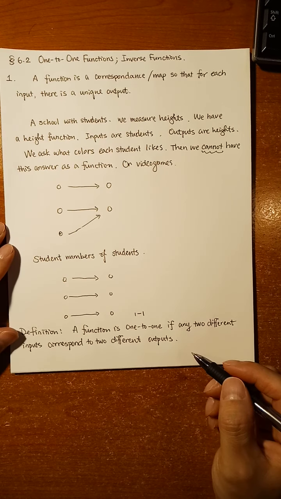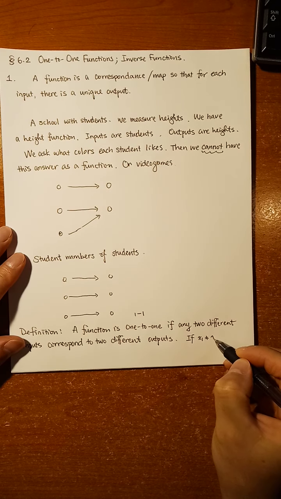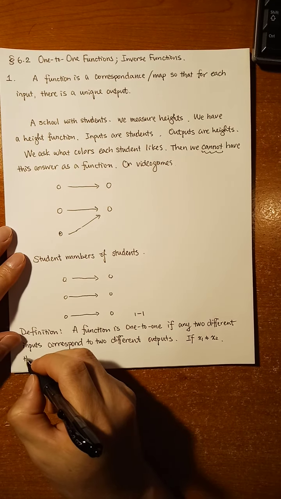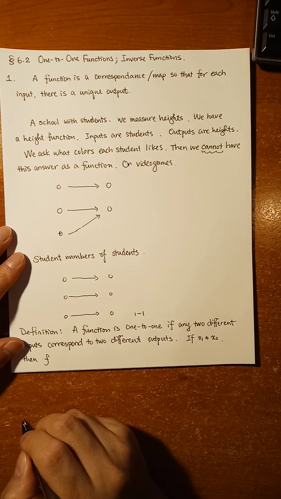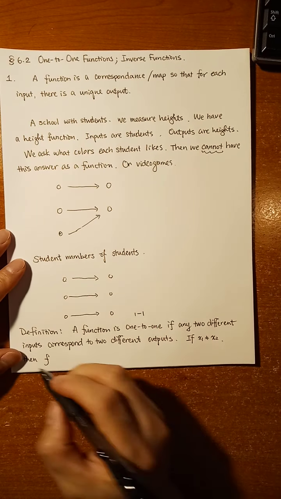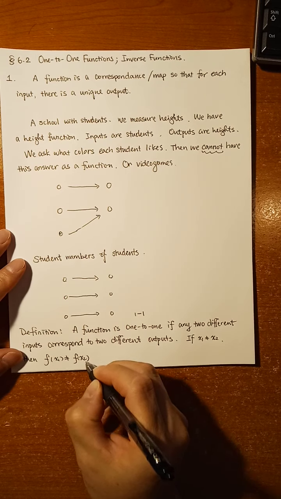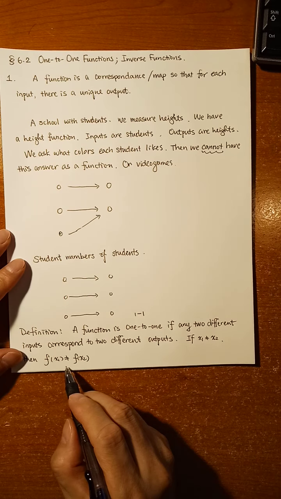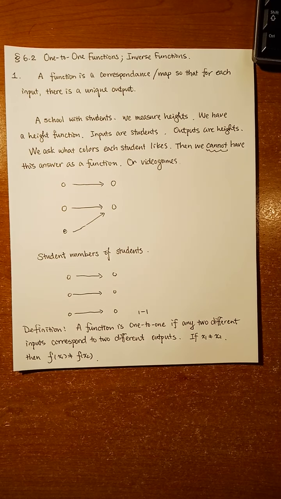In other words, if x1 is not equal to x2, then, when we say a function, normally we use f to represent this function, f(x1) is not equal to f(x2). Two different inputs imply two different outputs. So this is a one-to-one function.